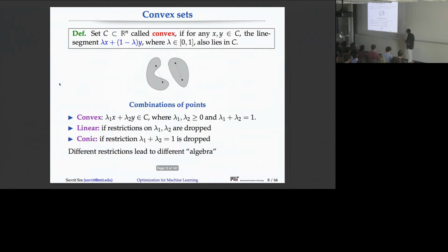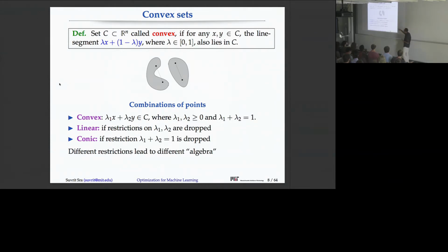So as an analogy, if you see, we define convex sets as sets where these types of linear combinations with distinguished constraints on the coefficients, those points lie inside the set. And you can loosen those, or you could have tightened those depending on your perspective. If we remove the restrictions on the lambdas, you get linear combinations.